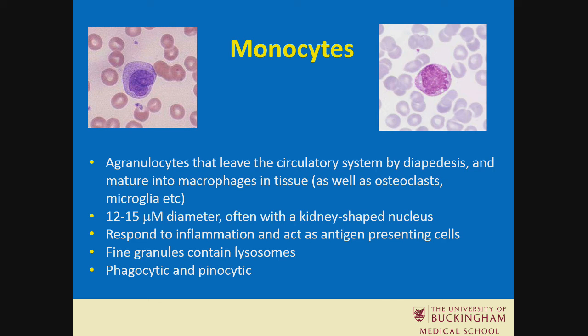But as I've told you before, one of the beauties of having access to the digital slides is you can look around and find cells which encapsulate those properties. If you take a blood smear and have a look around, you'll find these cells which are slightly larger than neutrophils. It says 12 to 15 micron diameter; my feeling is more like 15 to 20 microns. They're agranulocytes. They do have granules, but they're very, very fine granules, and they've got the indented or kidney-shaped nucleus. So monocytes are easy to find.